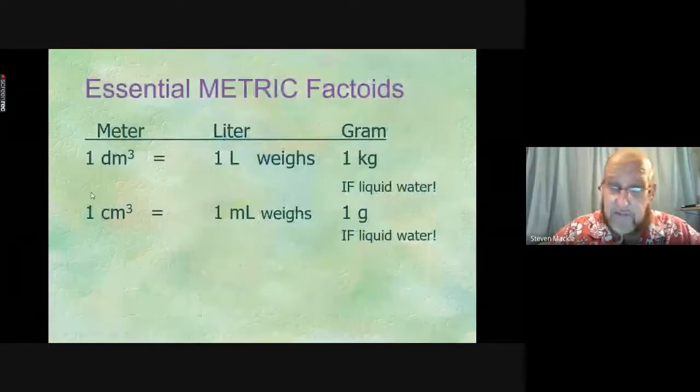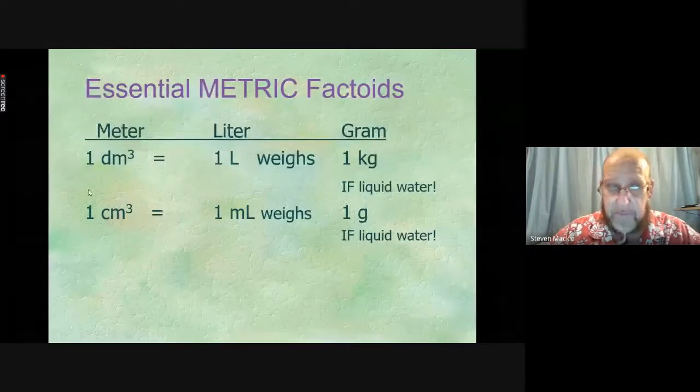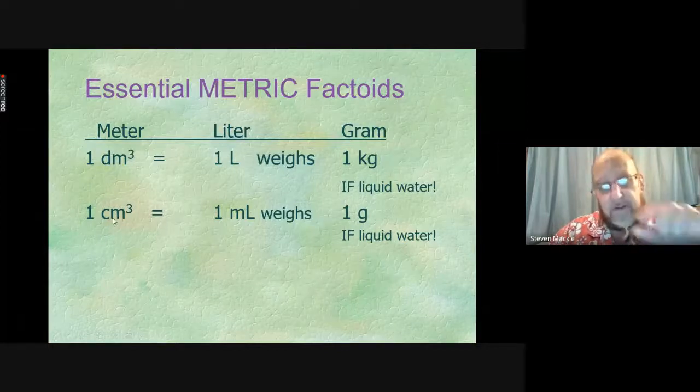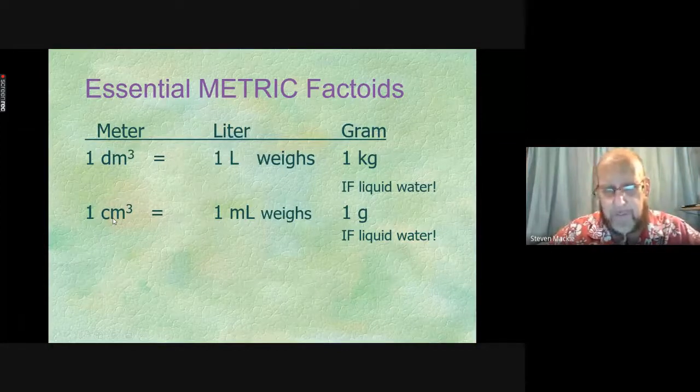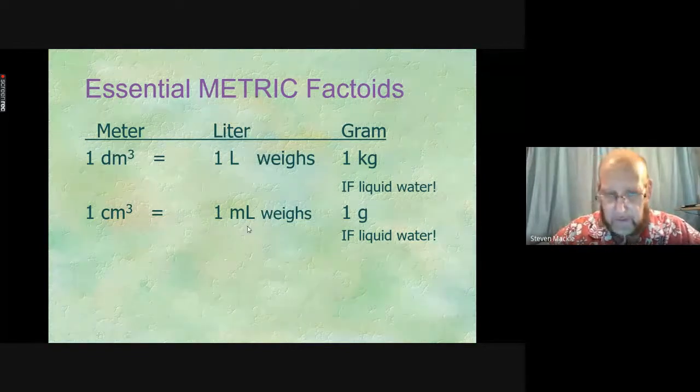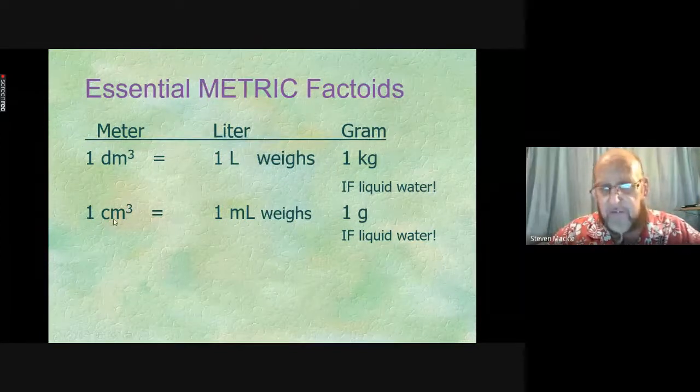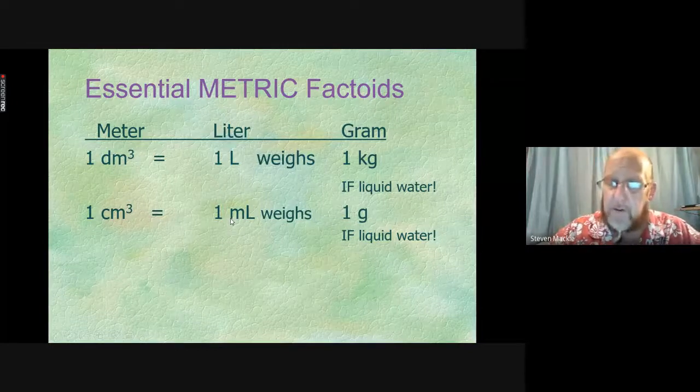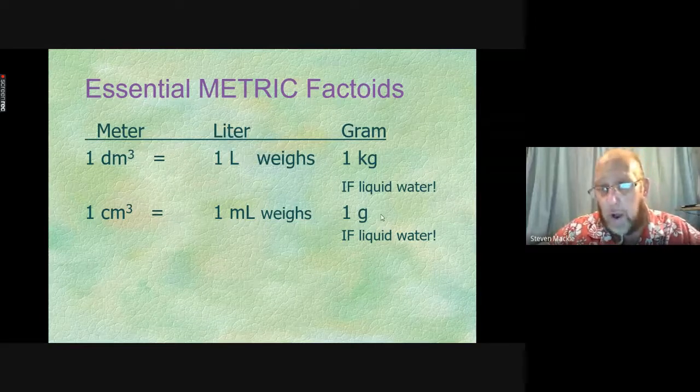Now, at the exact same time, these are equivalencies, right? 1 cubic centimeter, that's like a little cube about the size of a sugar cube, is the same exact volume as 1 milliliter. This is sometimes written as cc for cubic centimeter. 1 cubic centimeter is 1 milliliter. And look, it weighs 1 gram if, again, we're talking about liquid water. 1 milliliter of liquid water weighs 1 gram.